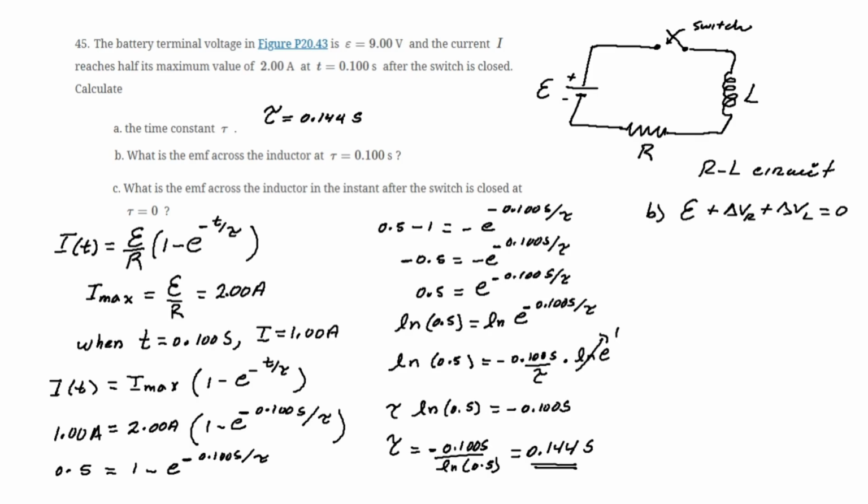Now, I want to find the drop of voltage across the inductor. So I will solve for it. The variation of voltage across the inductor would be negative the electromotive force minus the variation of voltage across the resistor.